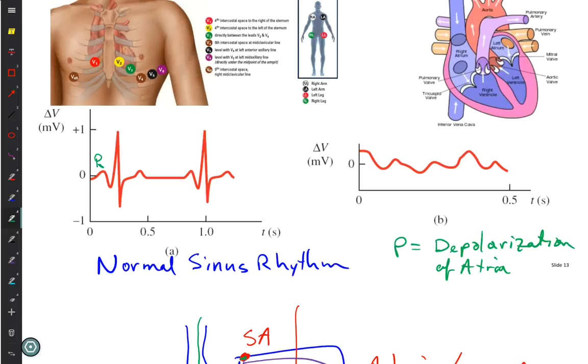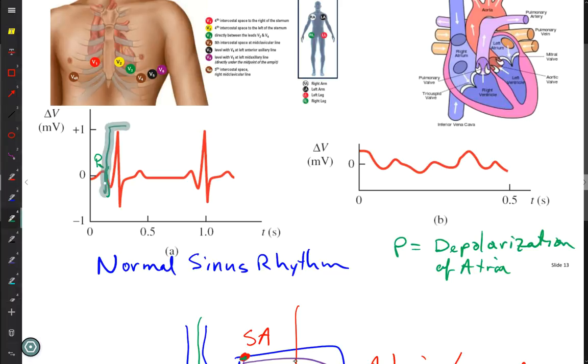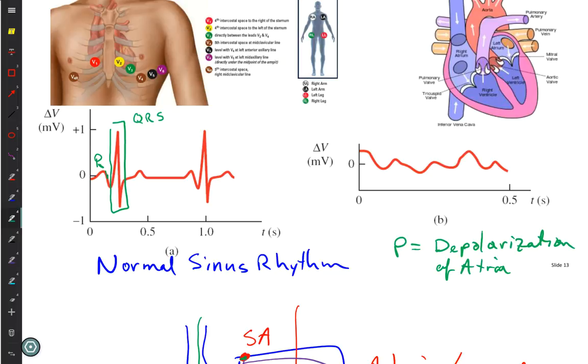Then we have the next part, which is complicated. And because it's complicated, we use a complicated name. That's the QRS complex. It's called the QRS complex because you have multiple things going on. You have the repolarization of the atria. So part of that is the atrium is now getting ready again.